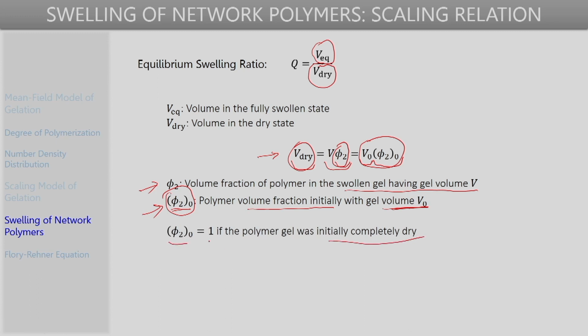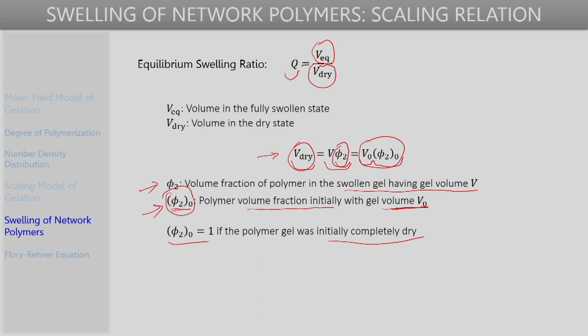So, if the polymer is completely dry initially, this is 1, and without going into too much detail, what we will do is just identify a scaling relation again between this equilibrium swelling ratio and some other quantities of interest for the particular case of a theta solvent. Okay. So, if we have a network polymer in the presence of a theta solvent, then the equilibrium swelling ratio is related to this quantity n and phi 2 naught through these exponents.